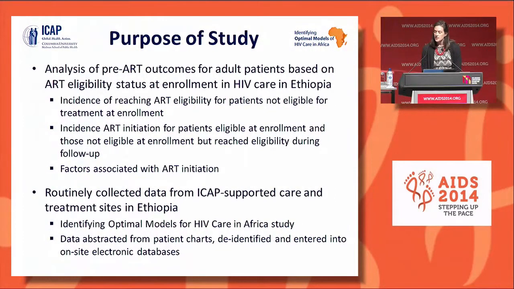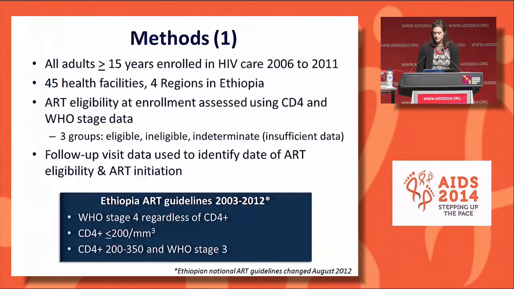We also assessed the incidence of ART initiation for patients who were eligible when they enrolled in care and for patients who were not eligible when they enrolled but became eligible during follow-up. We also assessed the factors associated with ART initiation. For the analysis, we used routinely collected data from ICAP-supported HIV care and treatment sites in Ethiopia, and these data come from the Identifying Optimal Models for HIV Care in Africa study.